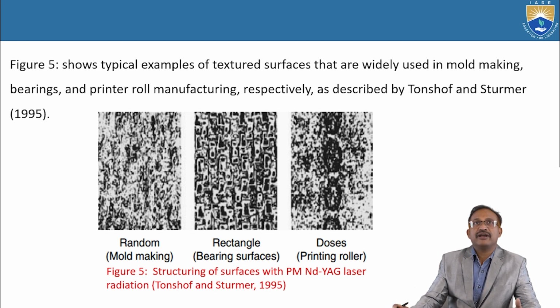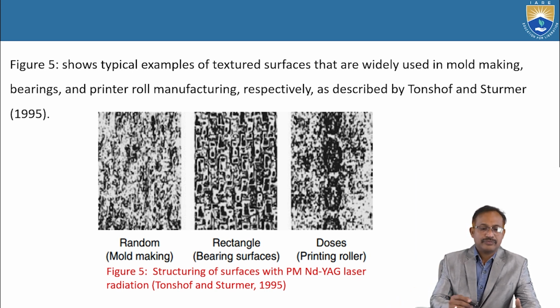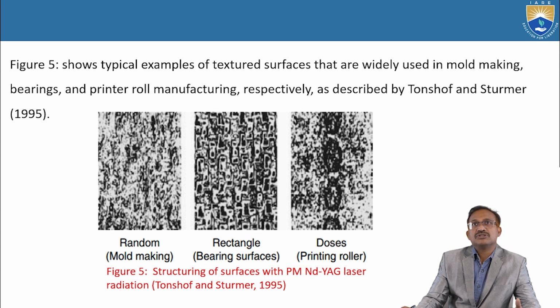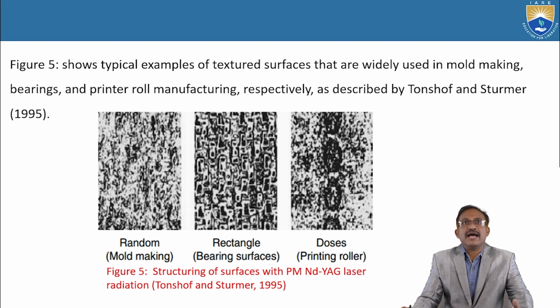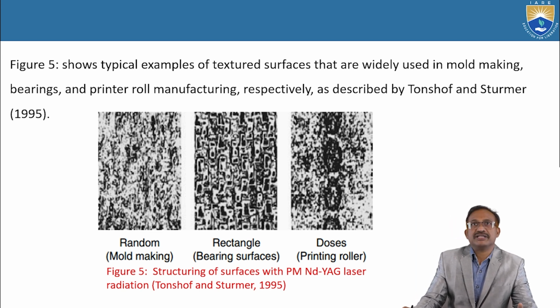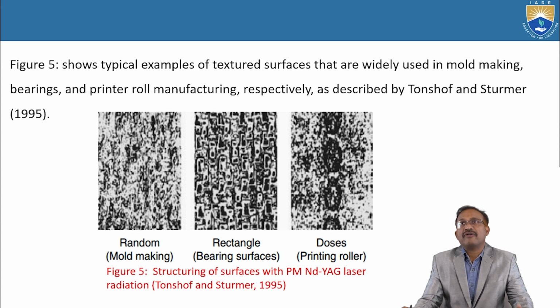Figure 5 shows typical examples of textured surfaces that are widely used in mold making, bearings and printer roll manufacturing respectively, as described by Tonshoff and Sturmer.